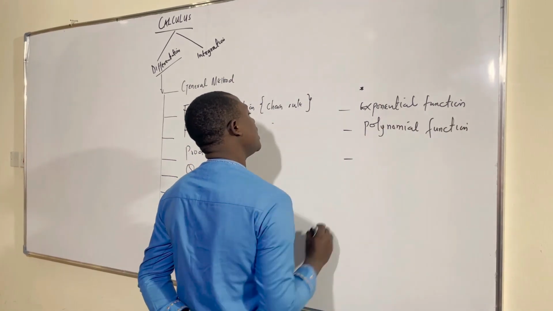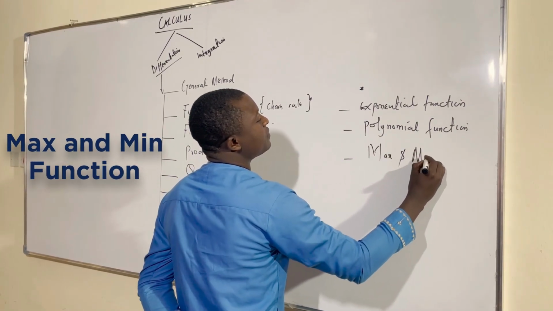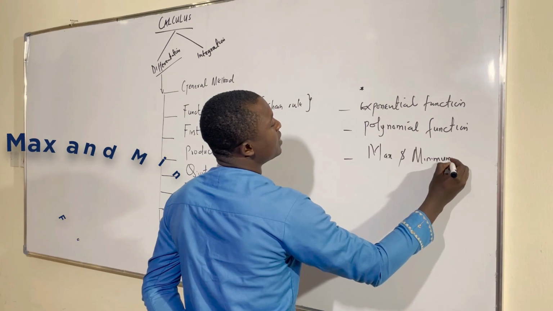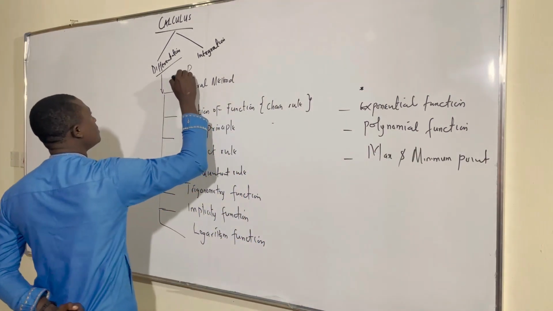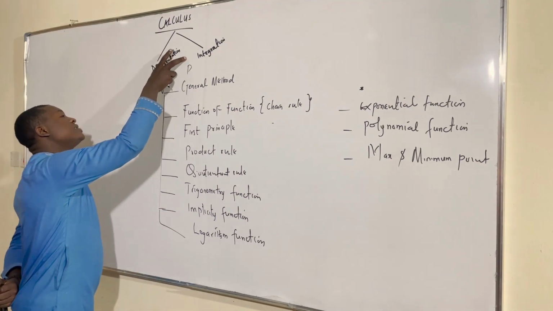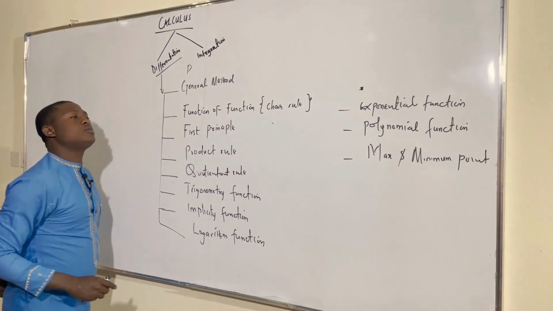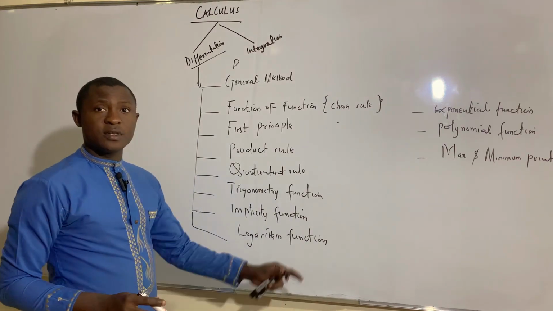At the same time, we have the maximum and minimum point function. Those are the ones that we are going to be talking about under differentiation only. You have to take note of this. If you are able to understand a lot here, you can understand the concept of the other one as well. Can you see from there?